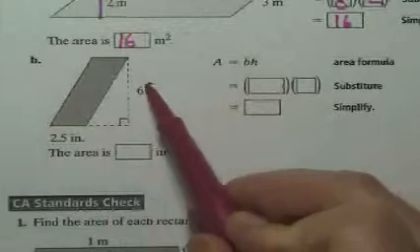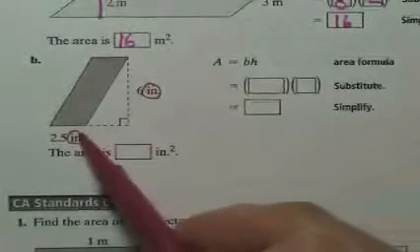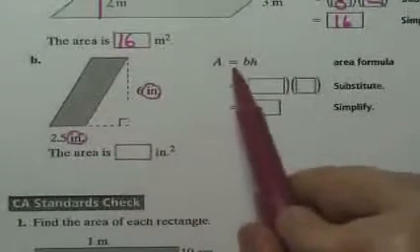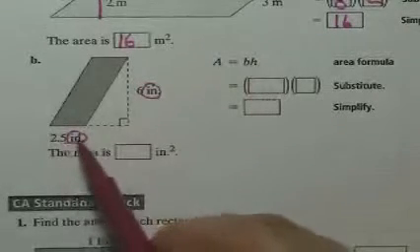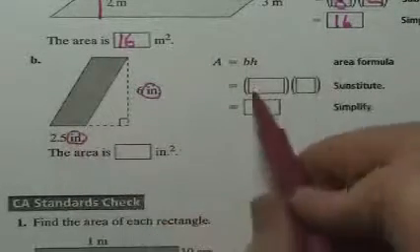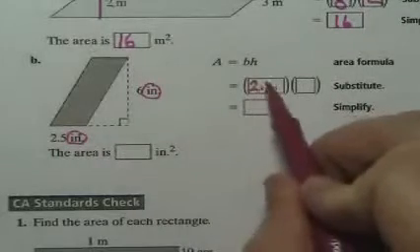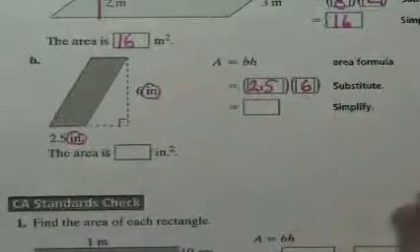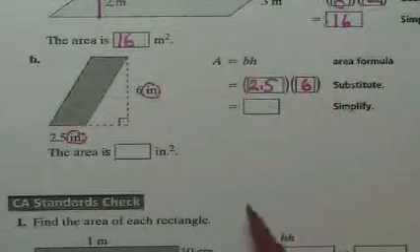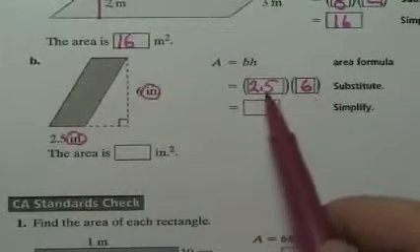Okay, letter B. Notice that they're both in inches. That's in inches and that's in inches. Our formula is area is base times the height. So the base is 2.5 inches. Our height is 6. So how much is 6 times 2.5?